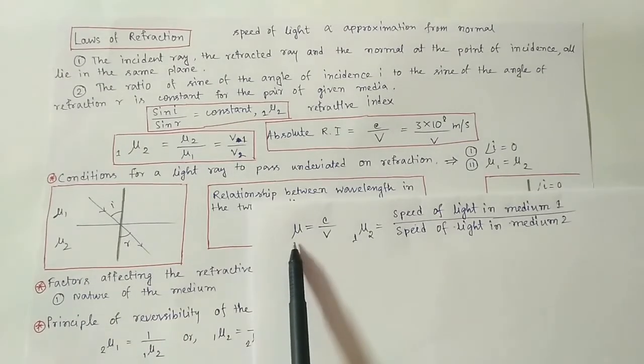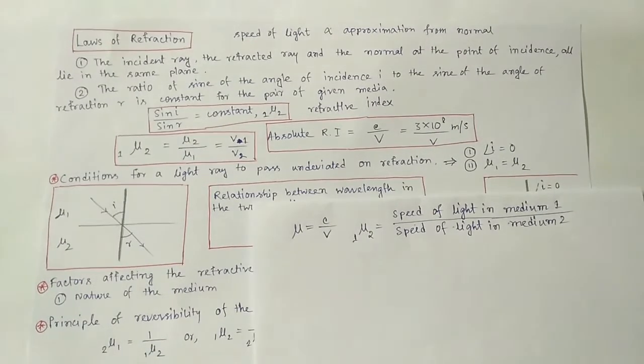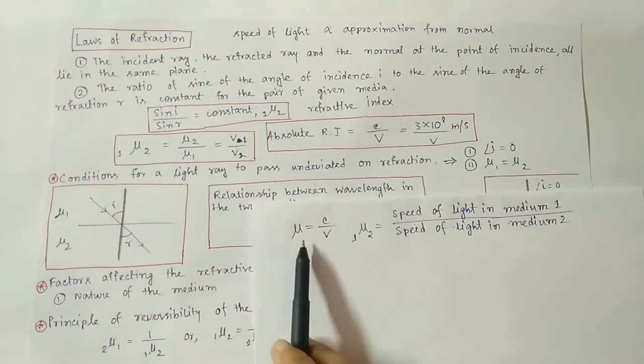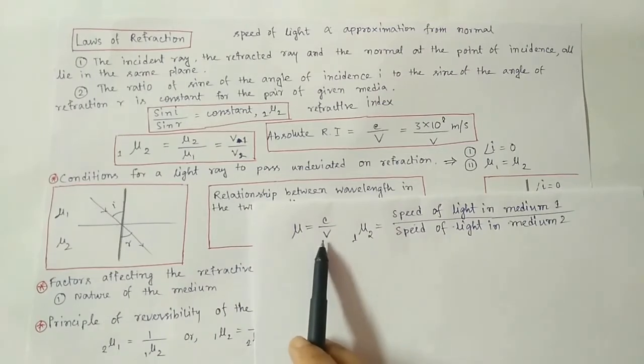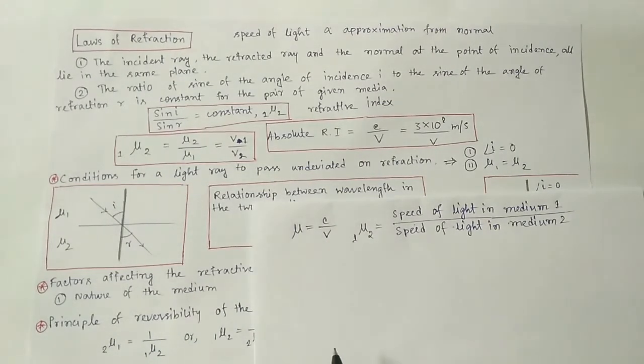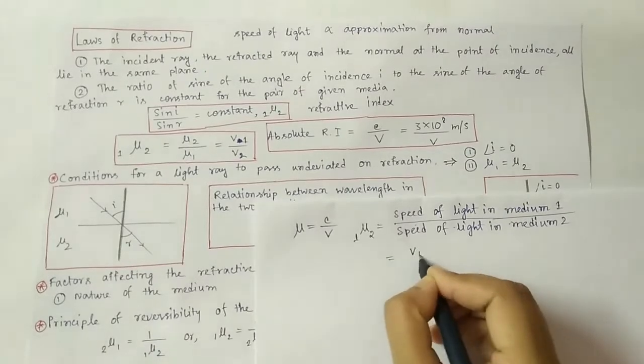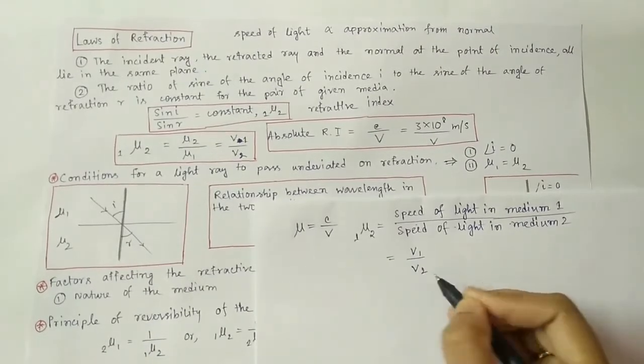And now, this is actually the absolute refractive index, because in this case the velocity of light has been determined with respect to vacuum or air medium. Here you determine the refractive index of any other medium with respect to air or vacuum. Now the speeds of light we can say are V1 and V2.